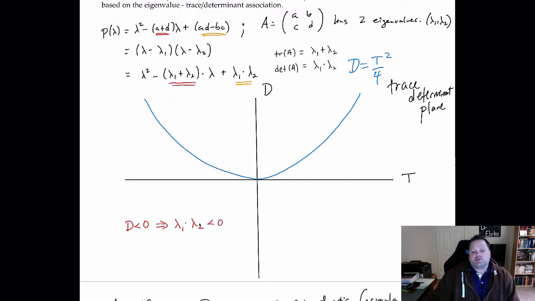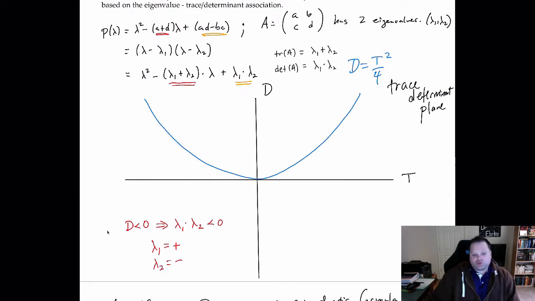So how do you get that? Well, that means one of the eigenvalues is negative and one is positive. I don't care which one, I just know that one's positive and one's negative. So for the sake of generality, let's say lambda 1 is positive, lambda 2 is negative.